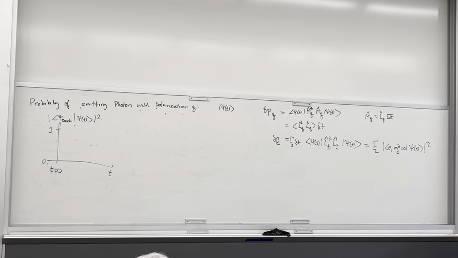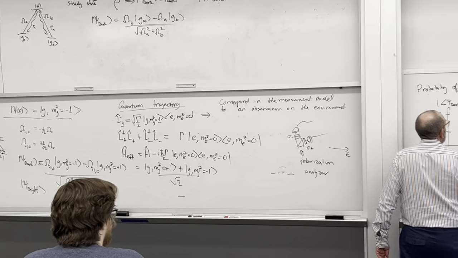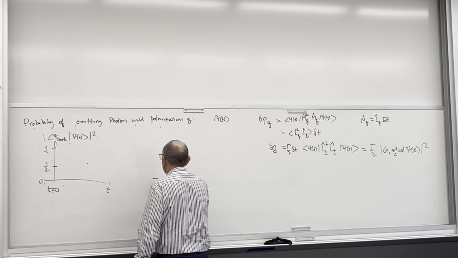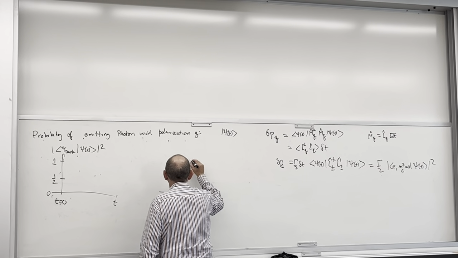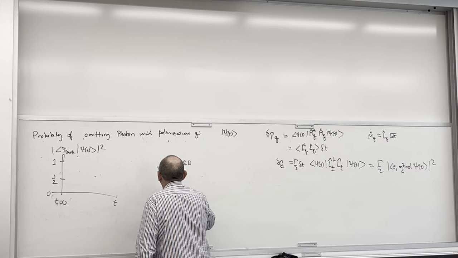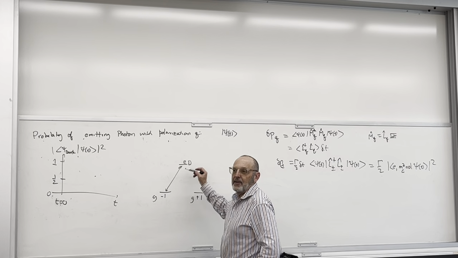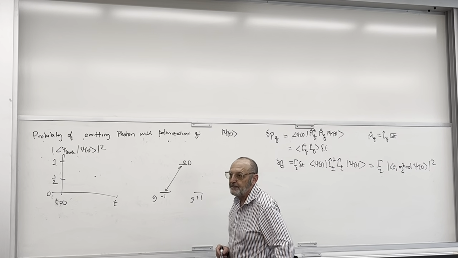The dark state is this. So at the initial time, what is the probability that I'm in the dark state? A half, right? So I start here. I'm driving the system with this laser beam. And for a while, I might be oscillating between this and this, okay?